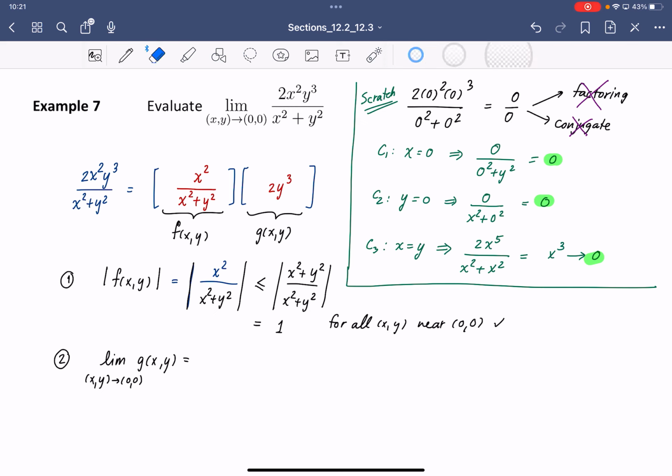And then the function g that you pick is 2y³, and the limit of g as (x,y) goes to (0,0) is simple, because you plug in 0, you get 0.